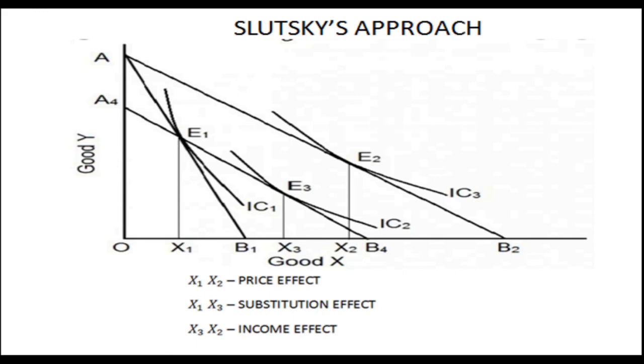Why can the consumer move from E3 to E1? Because both points E1 and E3 are lying on the same budget line A4, B4. So as both equilibrium points are lying on the same budget line A4, B4, the consumer can easily move from E3 to E1.